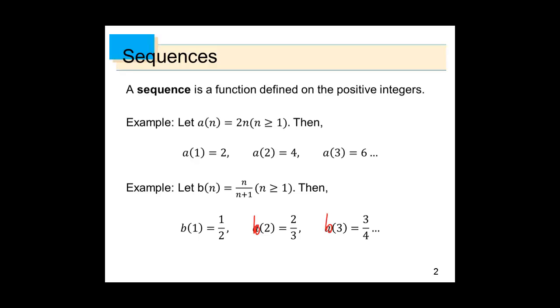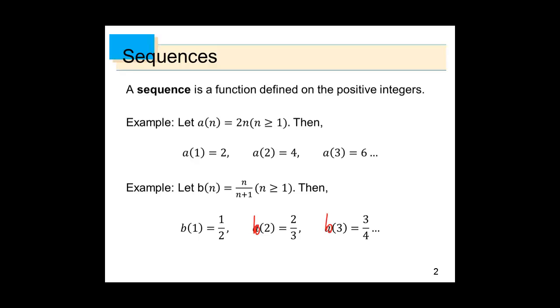For example, look at the function a of n. It is tradition when we talk about sequences. Sequences are functions. Usually we denote functions by what letters? F, G, H, right? But traditionally, when you have sequences, people denote them by lowercase a, b, c.